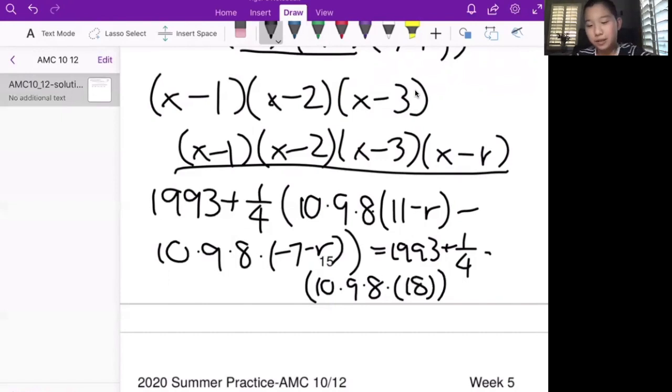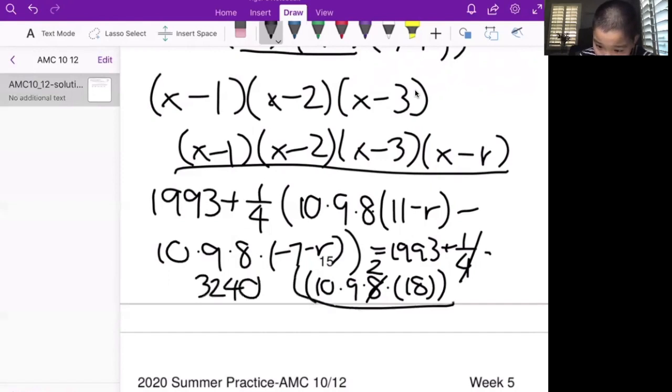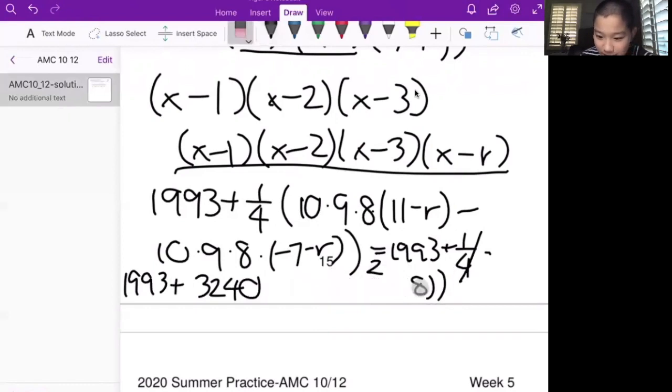So then we cancel the 1/4 with the 8 and change it to 2. And then this is 3,240, this thing. So then 1,993 plus 3,240 is 5,233.